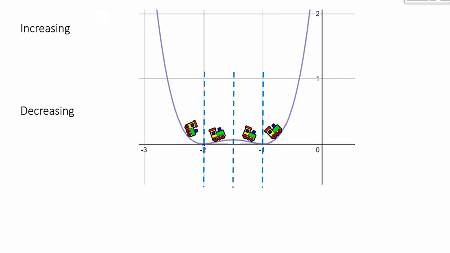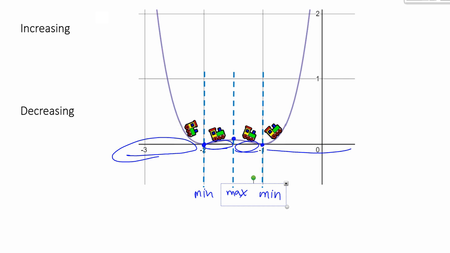So we've got a minimum right there, a maximum right there, minimum, and that's it. So this minimum, that maximum, and that minimum, those are our turning points. So our interval has now been split up into pieces. This piece over here, this piece here, 1 piece there, and 1 piece there.